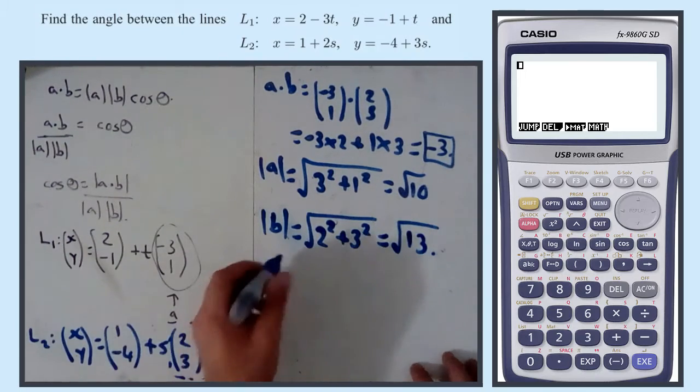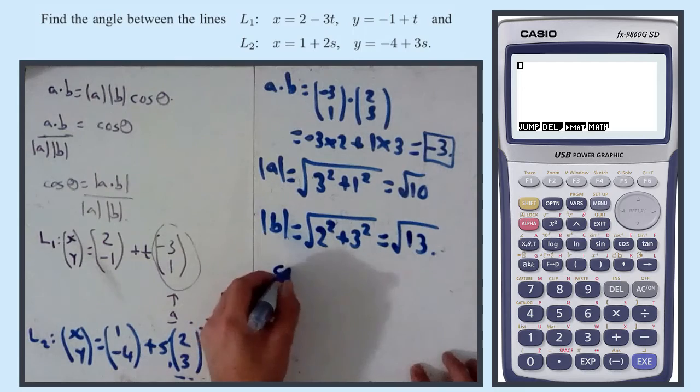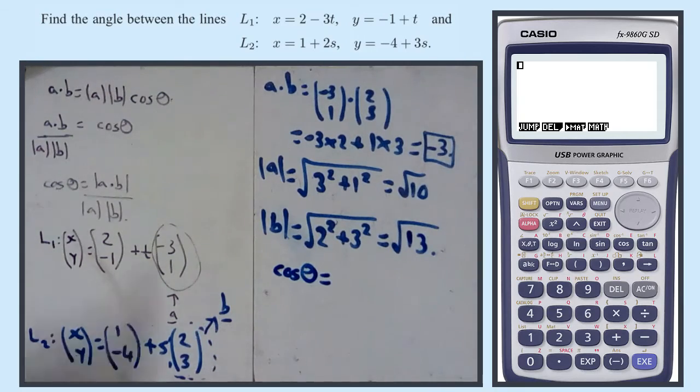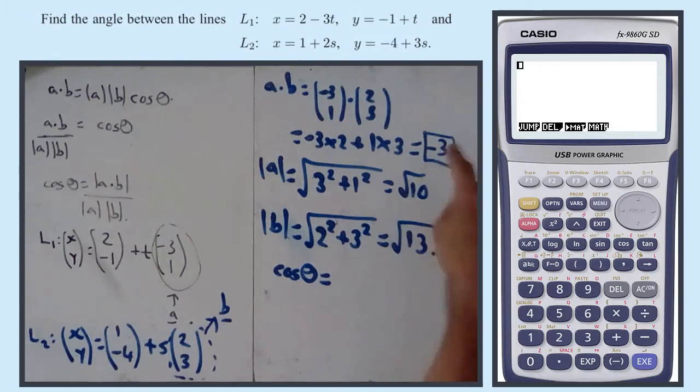Now we have cos theta equals, and remember, if we want to get an acute angle, or it could be 0 or 90 I guess, but if we want to make sure we get something that's not obtuse, and to be fair, it didn't ask me for an acute angle, so it's not that important, but basically the dot product a dot b is negative.